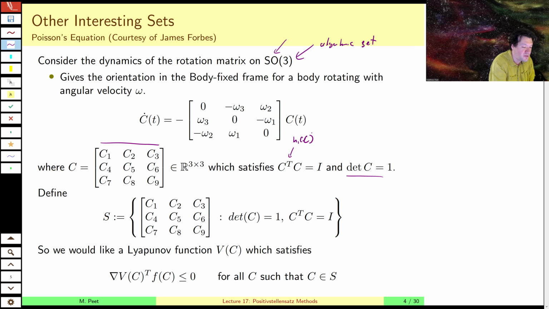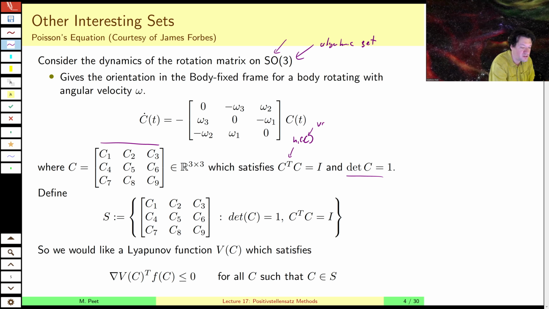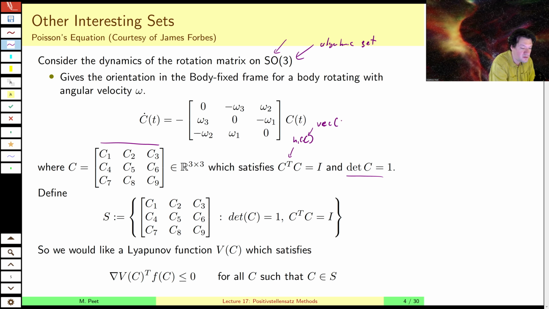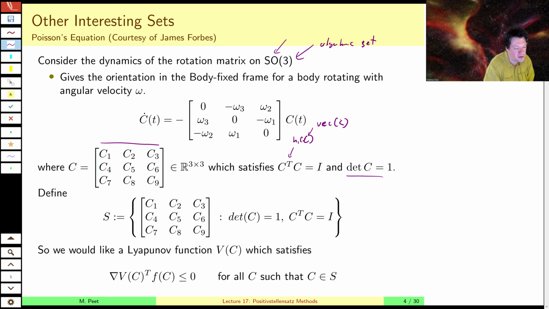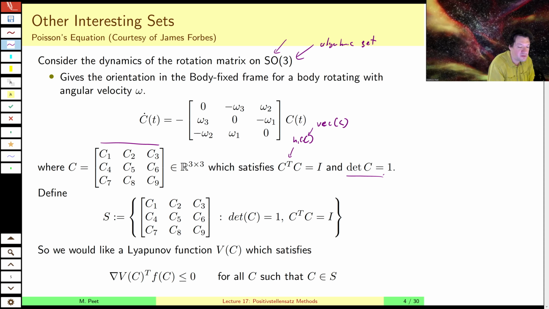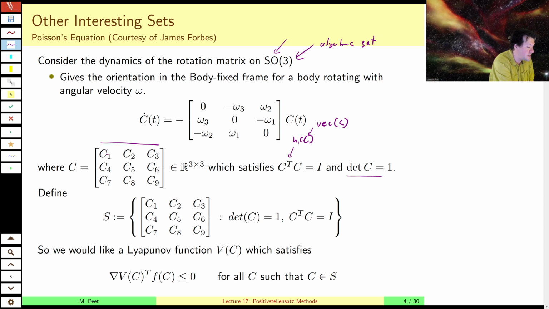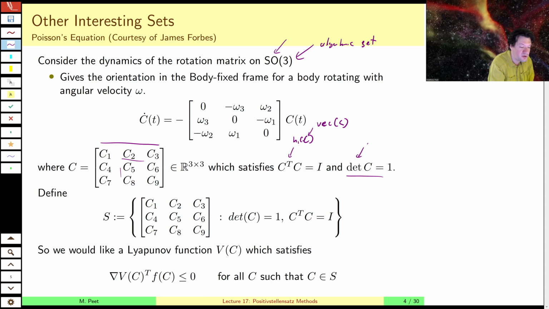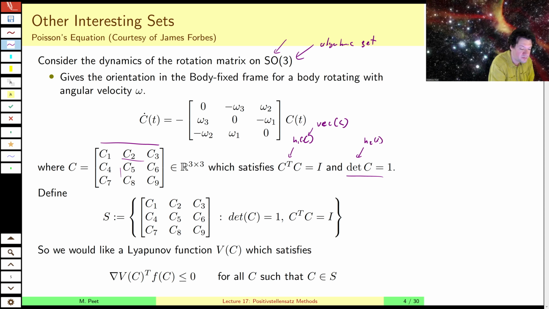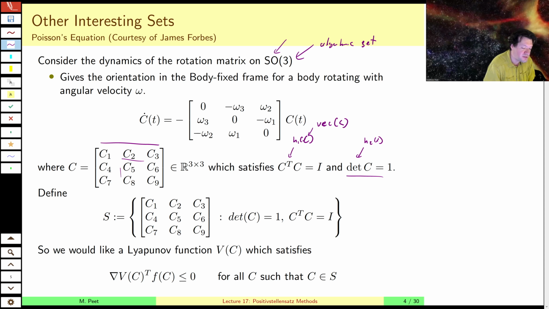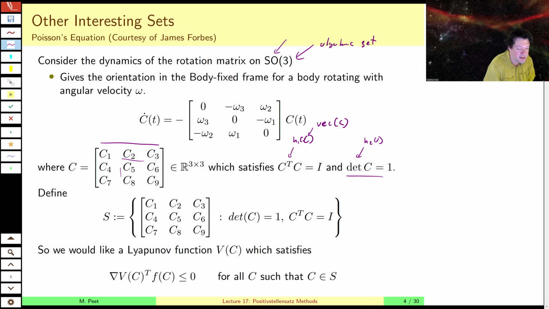So let's use a vector version of C, where you take all the columns and stack them on top of each other, like we talked about in the previous lecture. And then the determinant of C, we know how to calculate, although it's rather complicated. In the end, you get a polynomial. Both of these are polynomials. So you can actually represent the constraint that a matrix be a rotation matrix as an algebraic set.